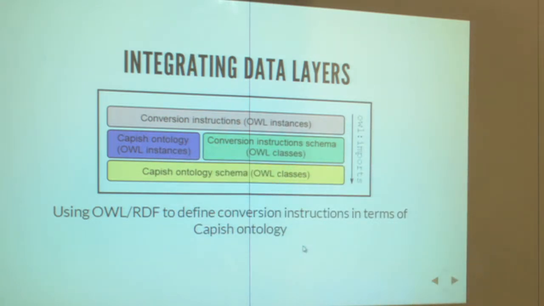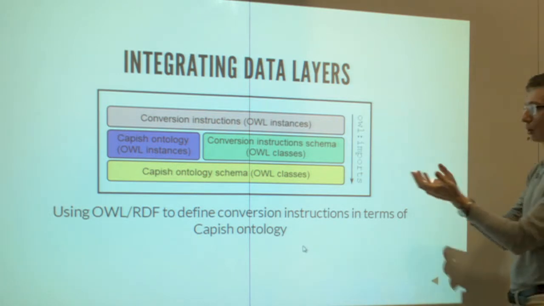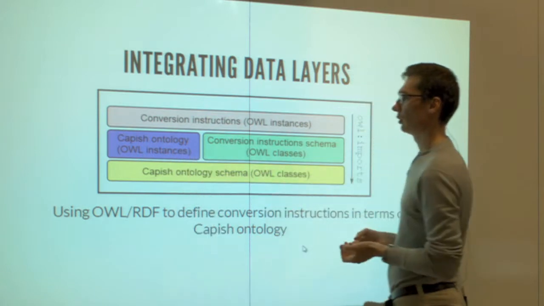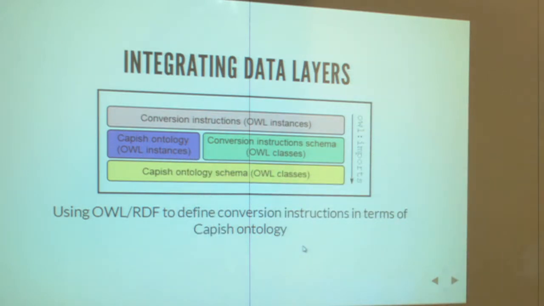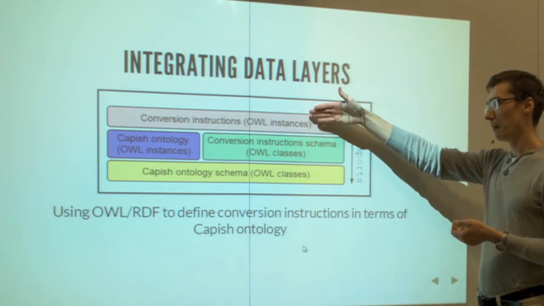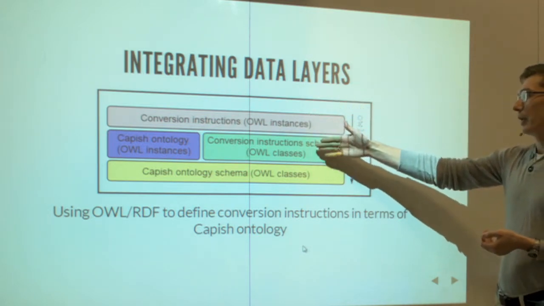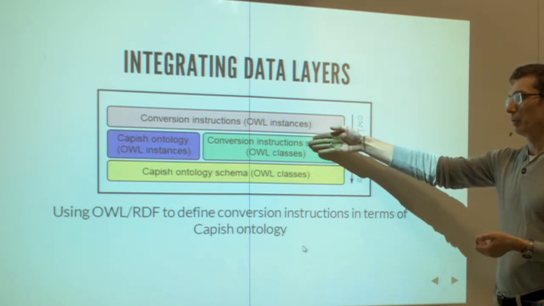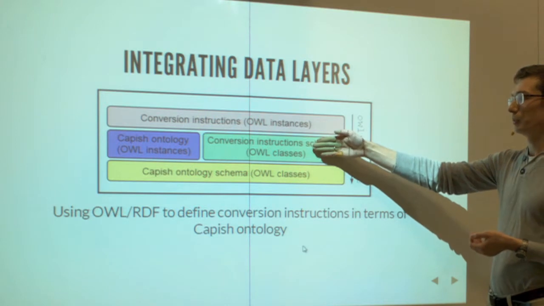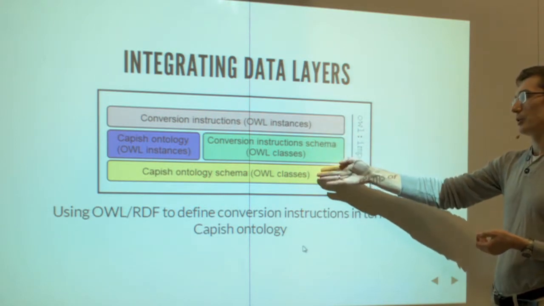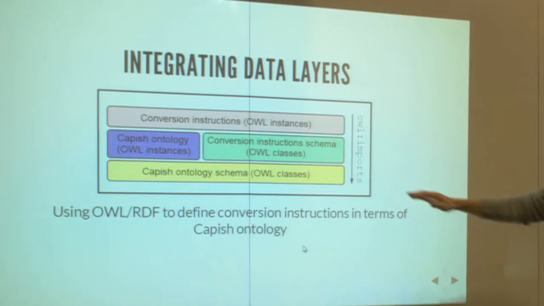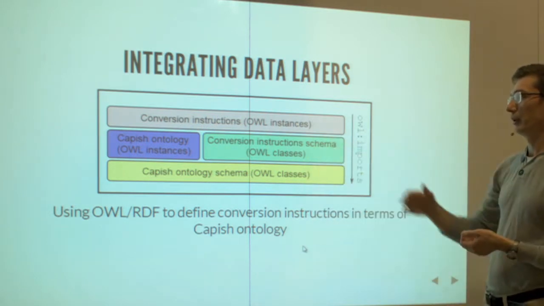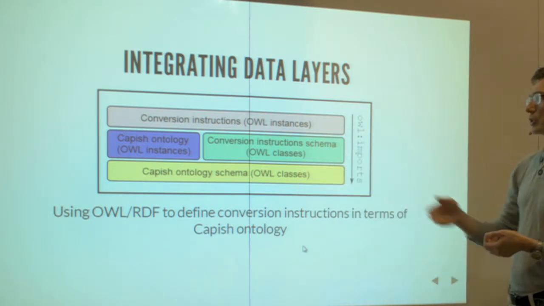Now we need, as we said earlier, to formulate the conversions in terms of our schema, in terms of the ontology. How would we do that? We do that by introducing a schema for conversion instructions and saying that it actually depends on this one. It does an OWL import of this schema, this set of OWL classes and properties. So this one, of course, stays unaffected by the import. This one gets access.